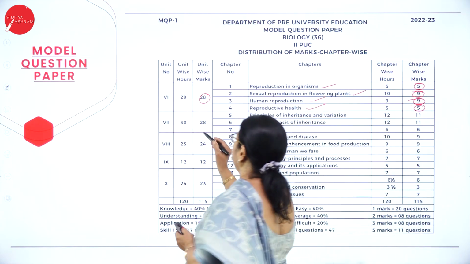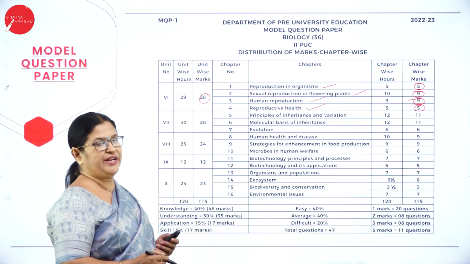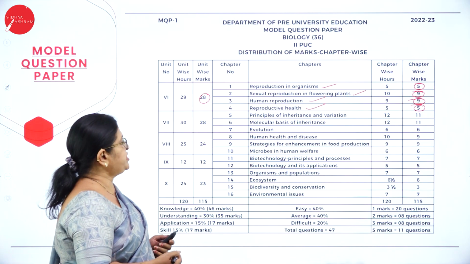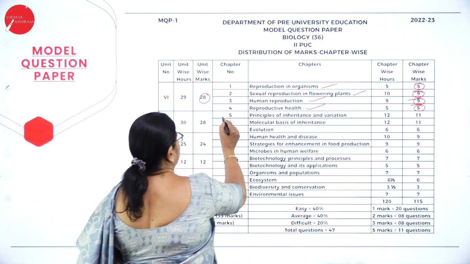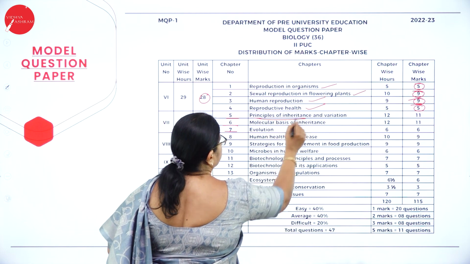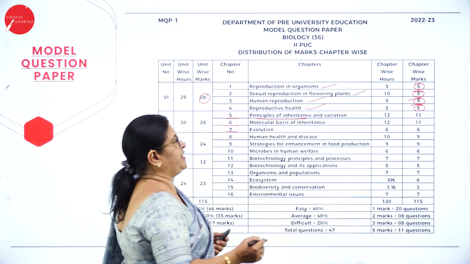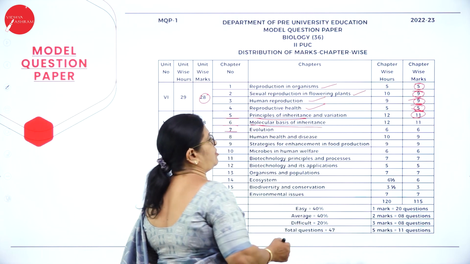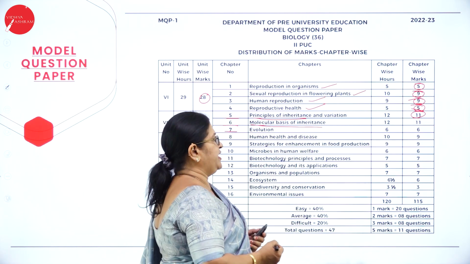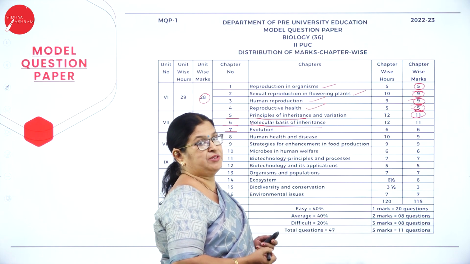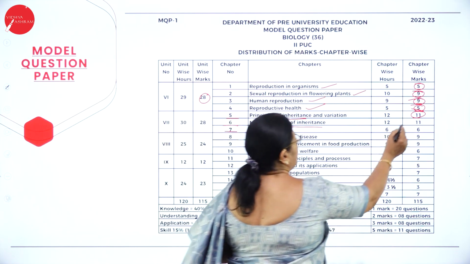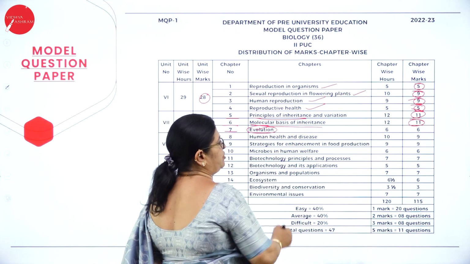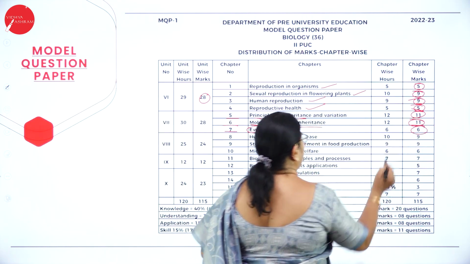Now, moving on to unit 7, that is genetics and evolution, which includes 3 very important chapters. Chapter 5 called principles of inheritance has a weightage of 11 marks, and chapter 6 called molecular basis of inheritance, which is a very important chapter from the examination point of view, has a weightage of 11 marks, and the chapter called evolution has a weightage of 6 marks.